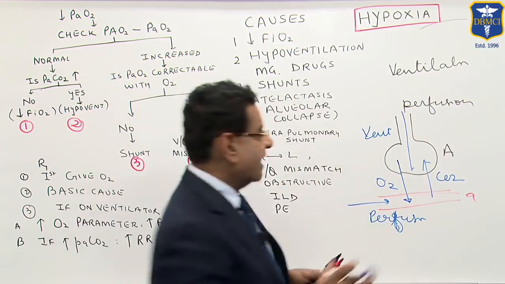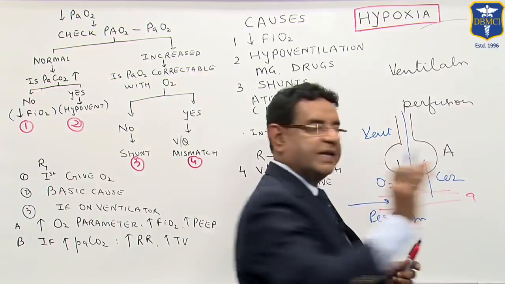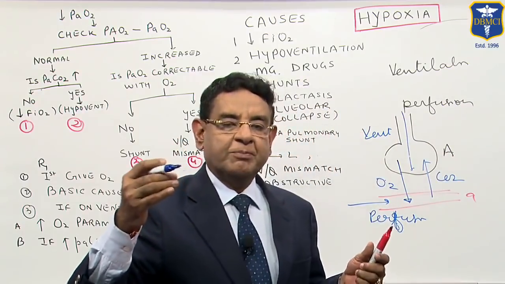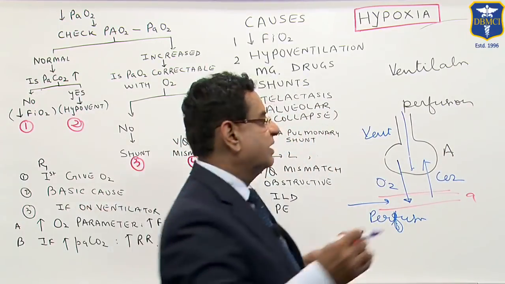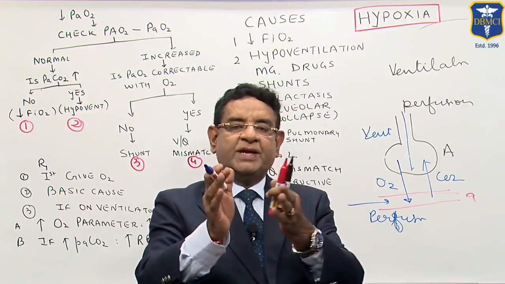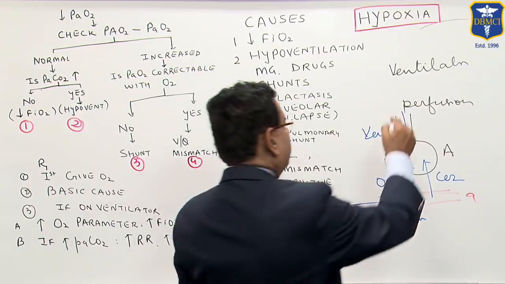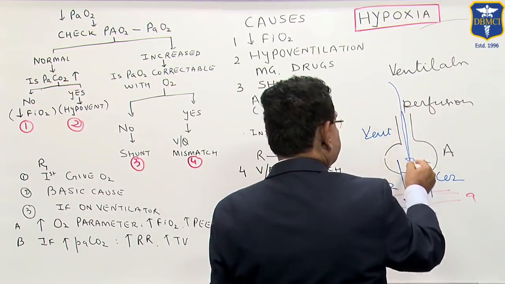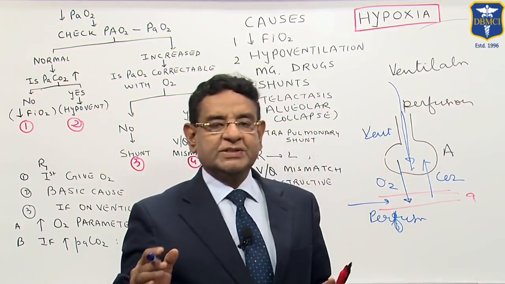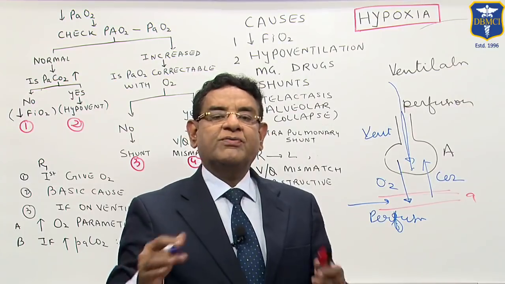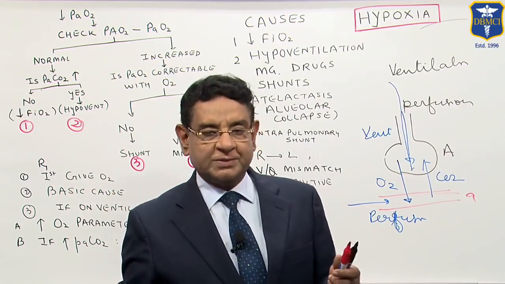Suppose this alveoli collapse or there is an airway obstruction. Let's talk about a patient who has COPD. So in COPD the airway goes into bronchoconstriction, so air is not able to come to the alveolus. So we say it's a type of hypoventilation.